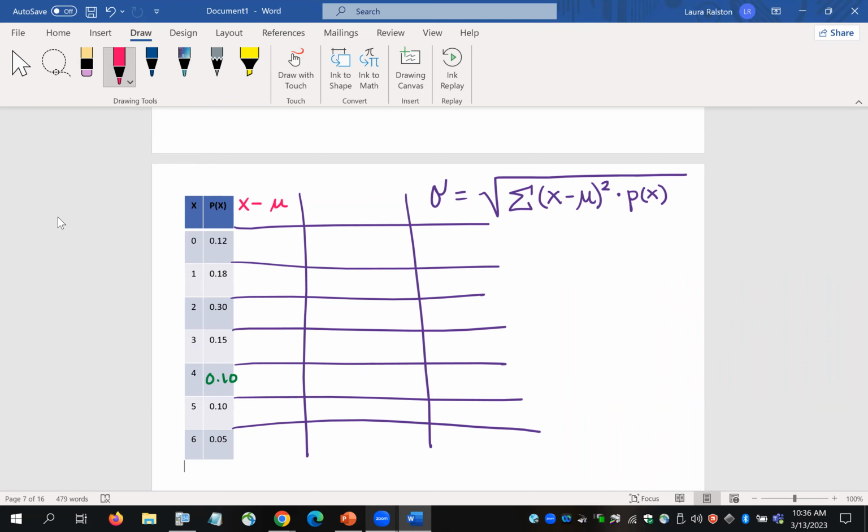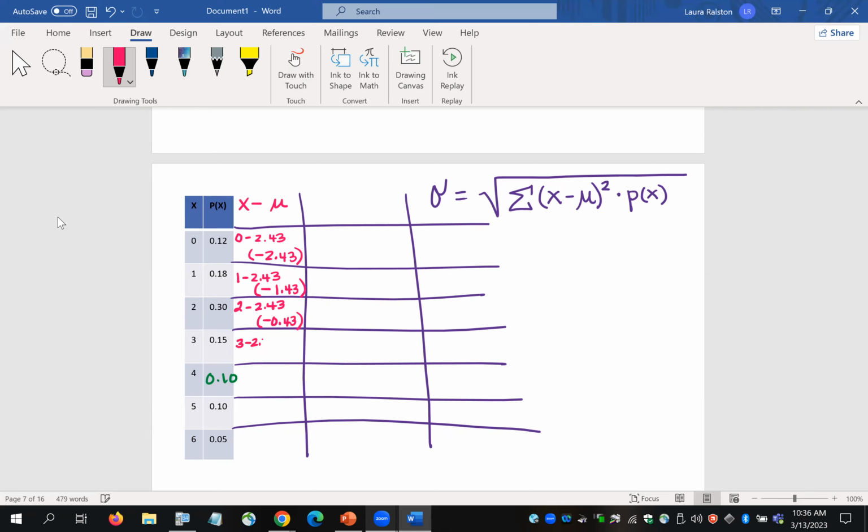Okay, so I would have 0 minus 2.43 is negative 2.43. 1 minus 2.43 is going to be negative 1.43. Again, I'm doing it in my head. You can get a calculator. 2 minus 2.43 would be negative 0.43.